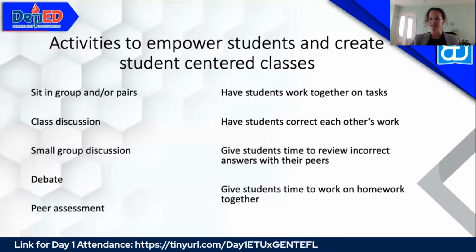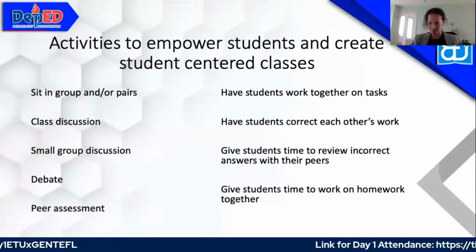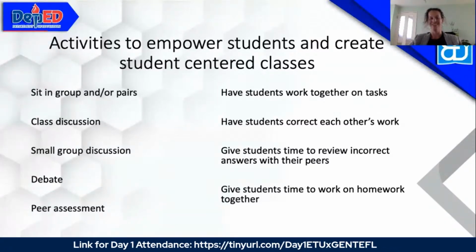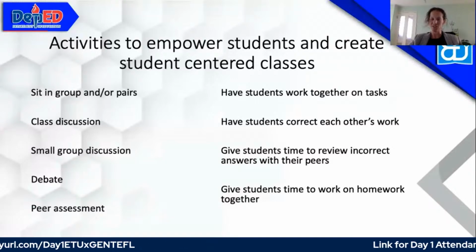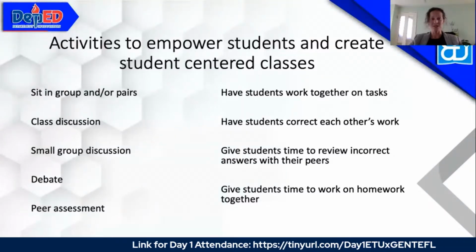Peer assessment depends a lot on how you set up rubrics. You can do pass-fail situations. A lot of the time for me, for peer assessment, I ask students to give constructive criticism: 3 things that you thought this person was fantastic at, and 1 thing that you think this student could improve upon.